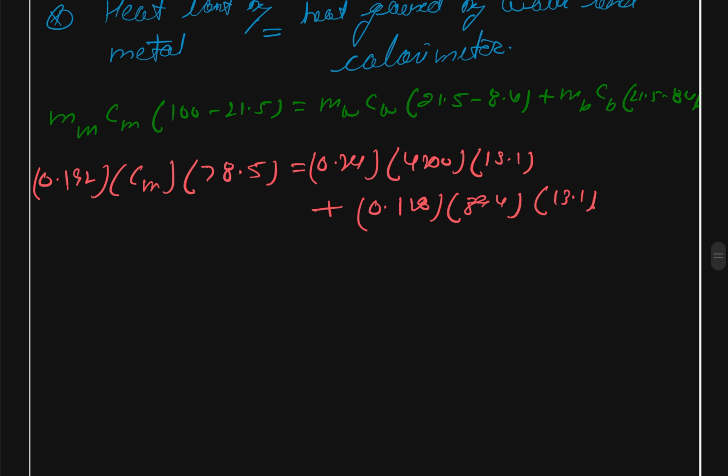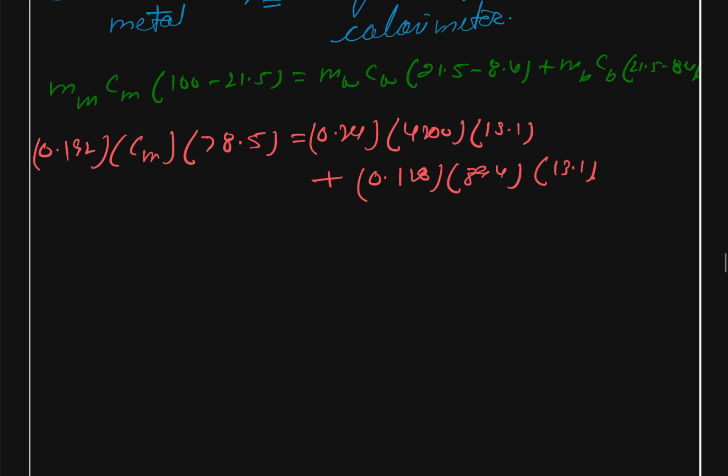So this will be our 15.072 Cm is equal to 13204.8 plus 660.65 which will be equal to 13865.64.